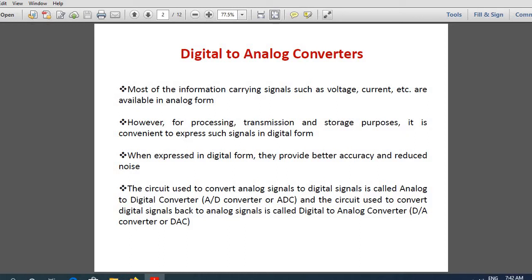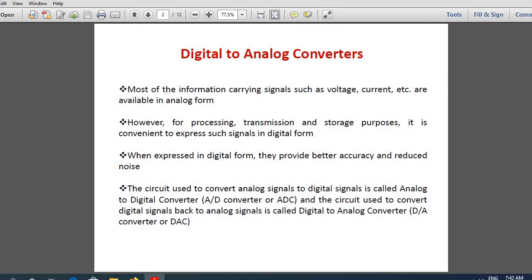But we have already told in the first class itself that it's always better to convert it into digital form, because digital data is easy to process, easy to transmit, and easy to store. Moreover, when compared to analog data, expressing in digital form gives better accuracy and also a reduced level of noise.